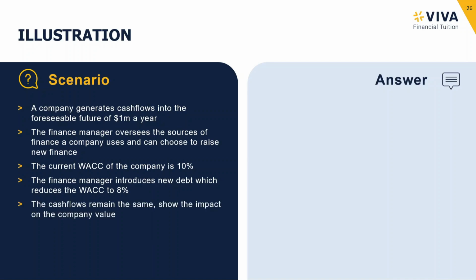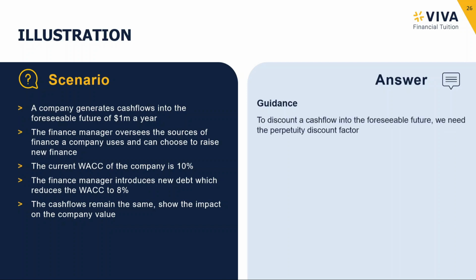If the cash flows in the business remain the same at $1 million a year, let's have a look at the impact of this on company value. Well, all we want to do here is discount a cash flow to work out the value of the business. The cash flow goes into the foreseeable future, that 1 million. Foreseeable future in my head means perpetuity.